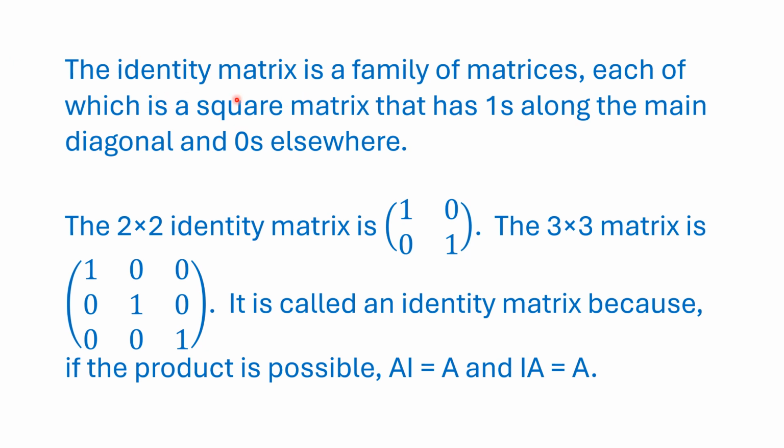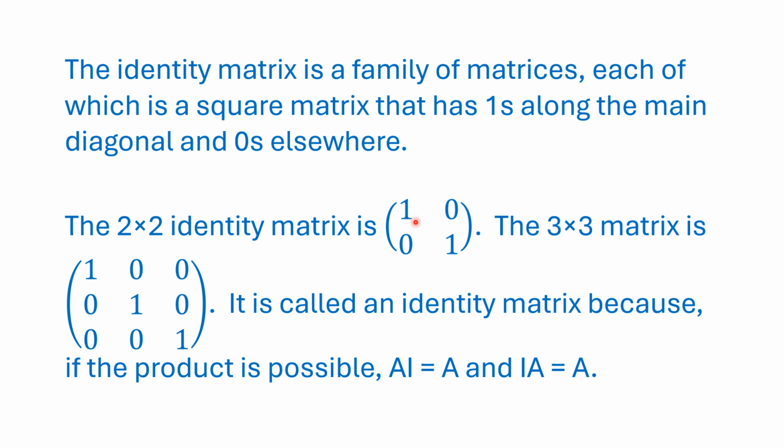The identity matrix. With matrices, we have a family of identities, depending upon the size we need. It's always going to be what we call a square matrix, where the number of rows equals the number of columns.